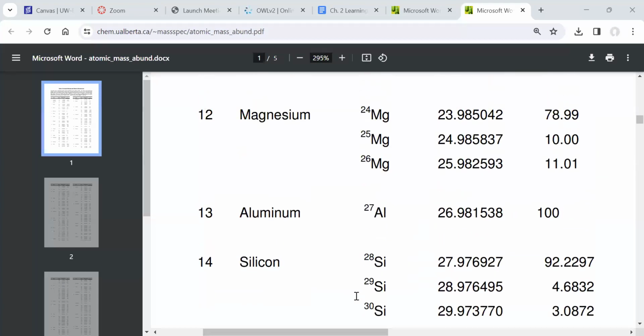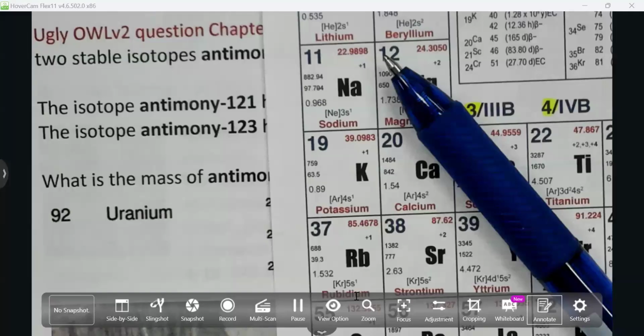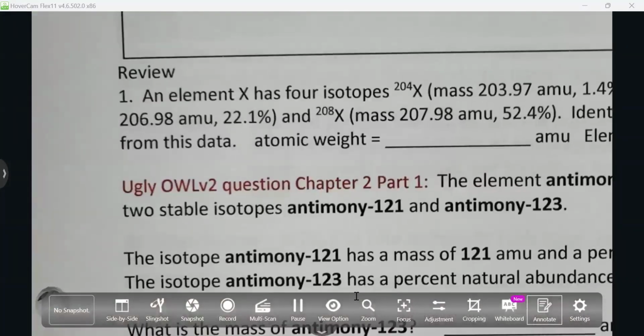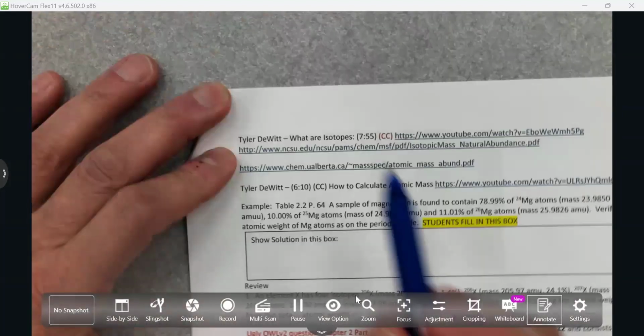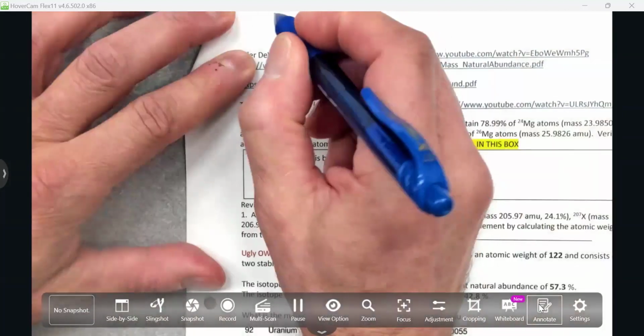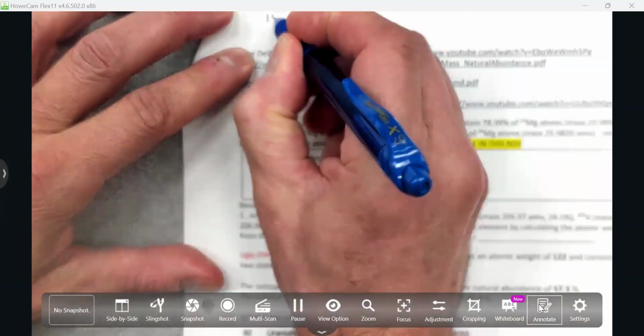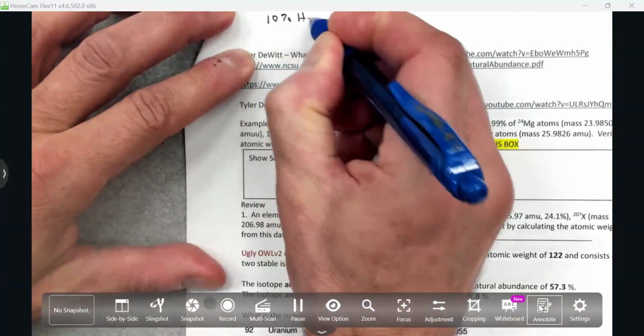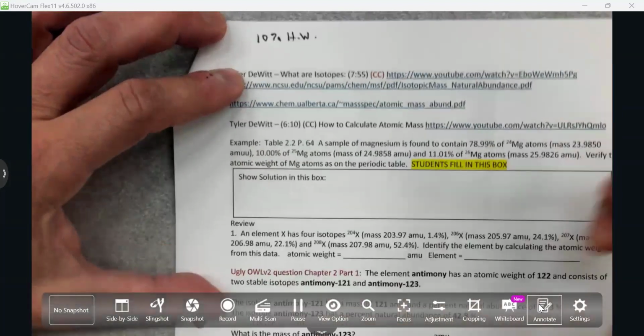So let's calculate this magnesium out. So I've got an example here. And this really is no different than, let's say you've got 10%, don't write this down, 10% of your final grade is homework.